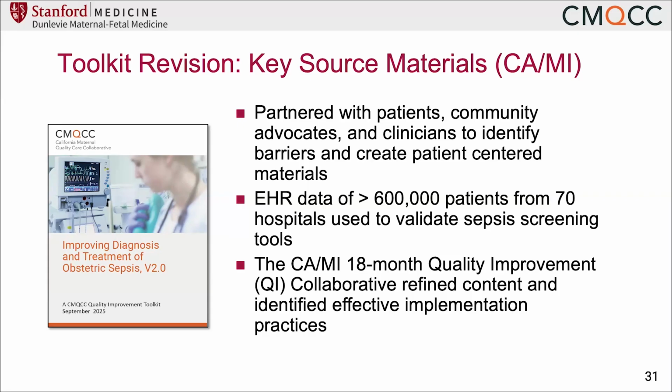We also had a big, large-scale data set in order to hone into some of the more specific pieces of the sepsis pathway, how we look at severe infection, how we actually diagnose sepsis. So we had the benefit of doing all of that analysis. And we led an 18-month collaborative during the revision of this toolkit. So it was really informed by the hospital and patient lived experience in real time as we were applying some of these structure measures and implementation techniques. Next slide.